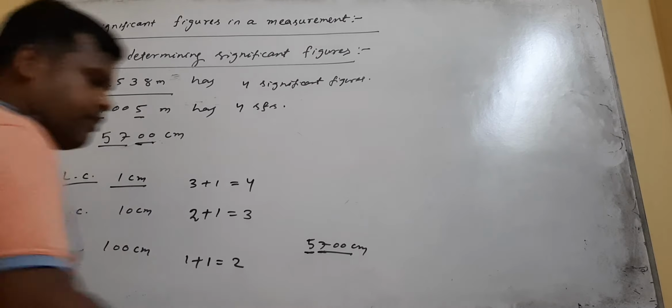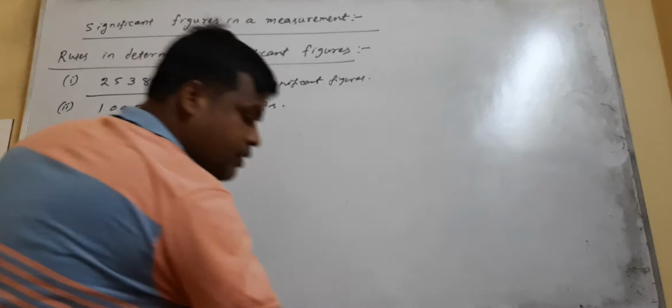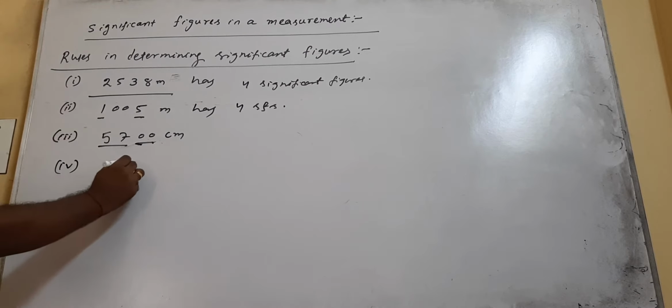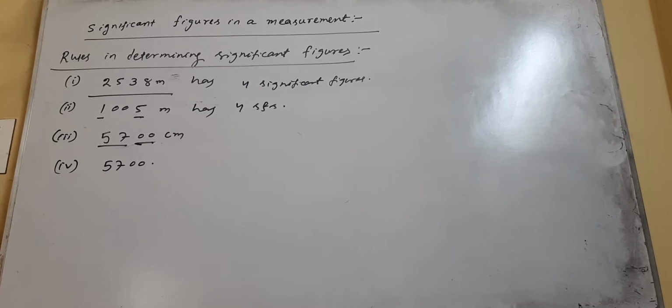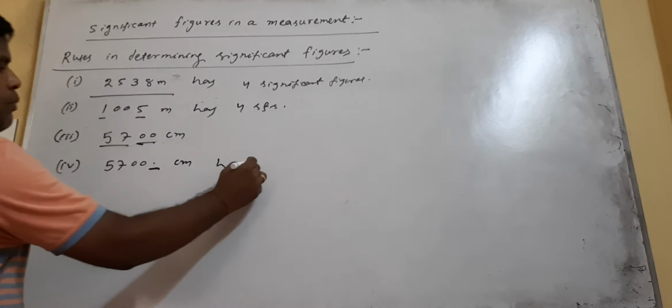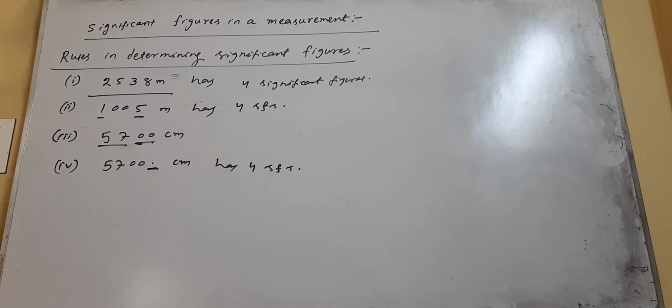Now come to the zeros after the last non-zero digit and before the decimal point: these are significant. So here, as there is a decimal point, it has 4 significant figures. Now come to another point.